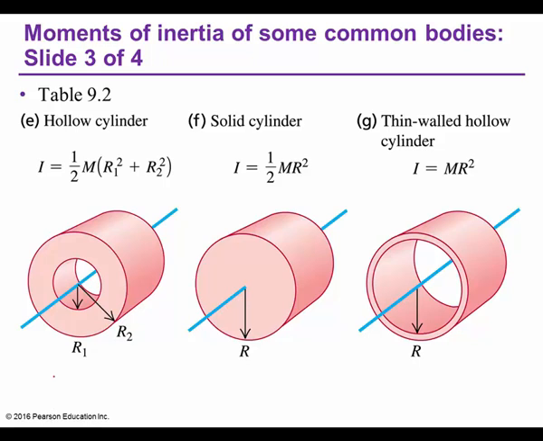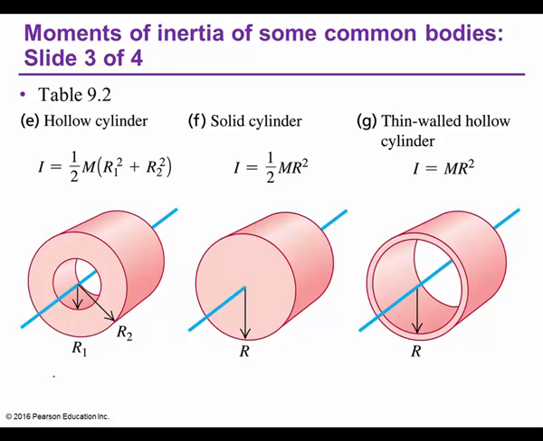And then what about for cylinders? A hollow cylinder, a solid cylinder, a little simpler equation, but probably the simplest of all the equations is the m r squared, for a thin-walled hollow cylinder, excuse me.